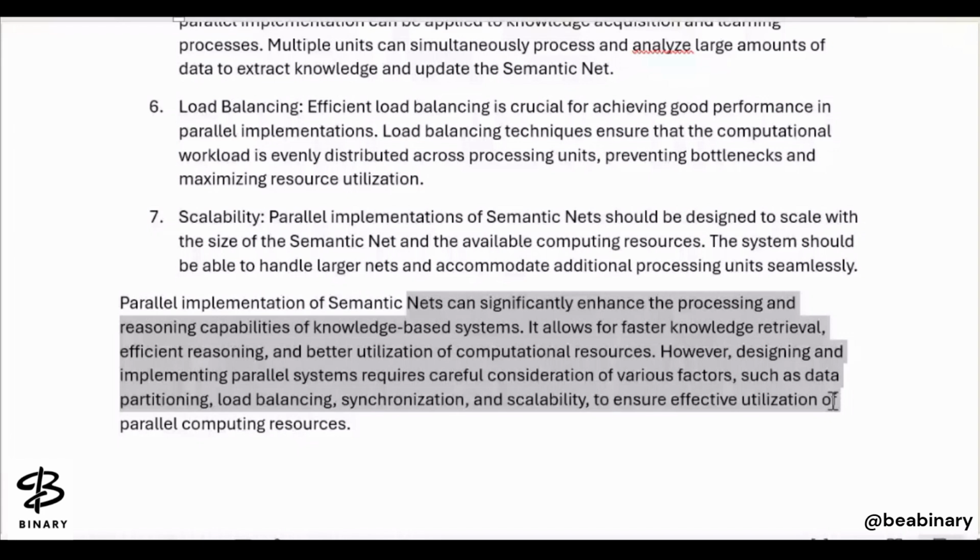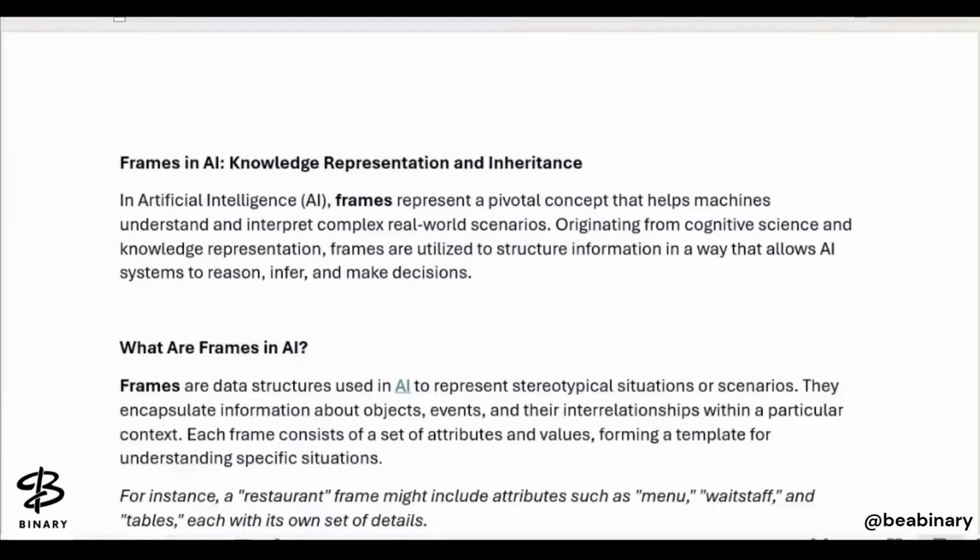So here we have discussed the complete semantic networks, we have discussed the graph also, we have discussed the partition semantic network, and the parallel implementation of the semantic networks also. Another thing which we need to discuss when we are talking about knowledge representation is frames.